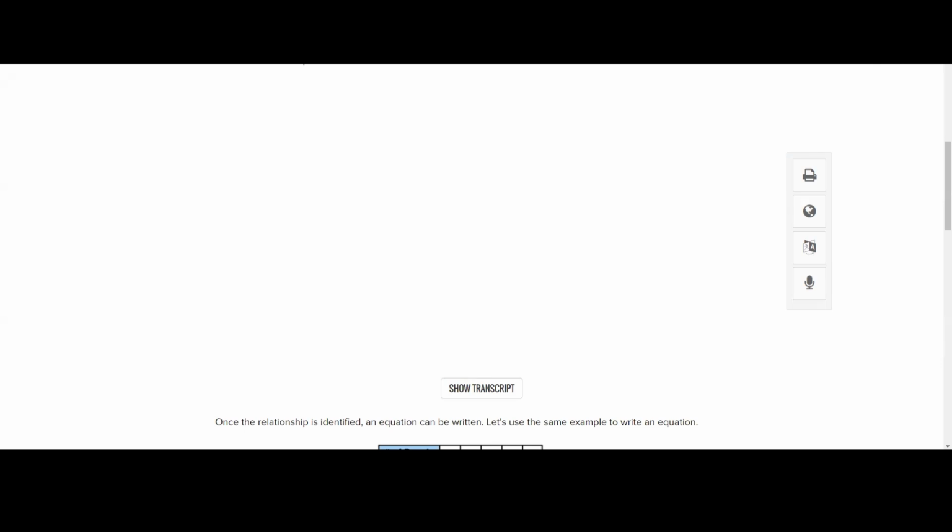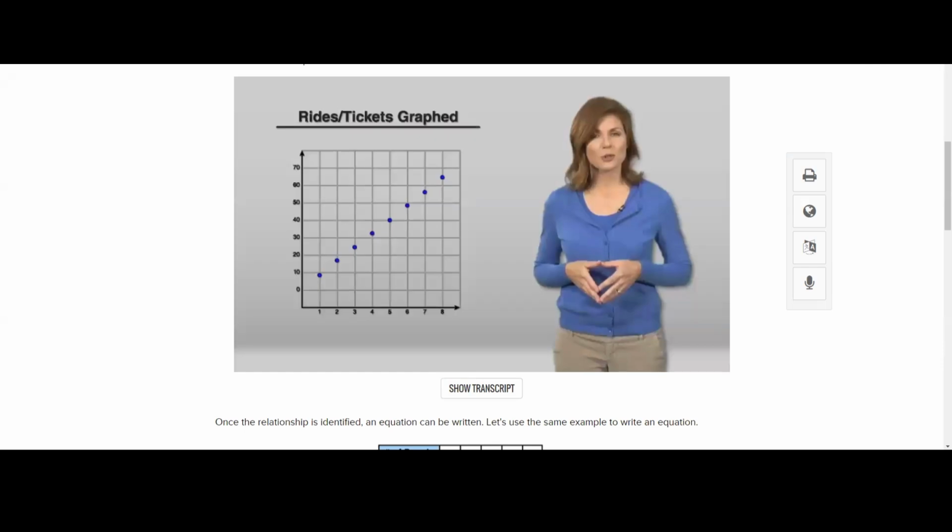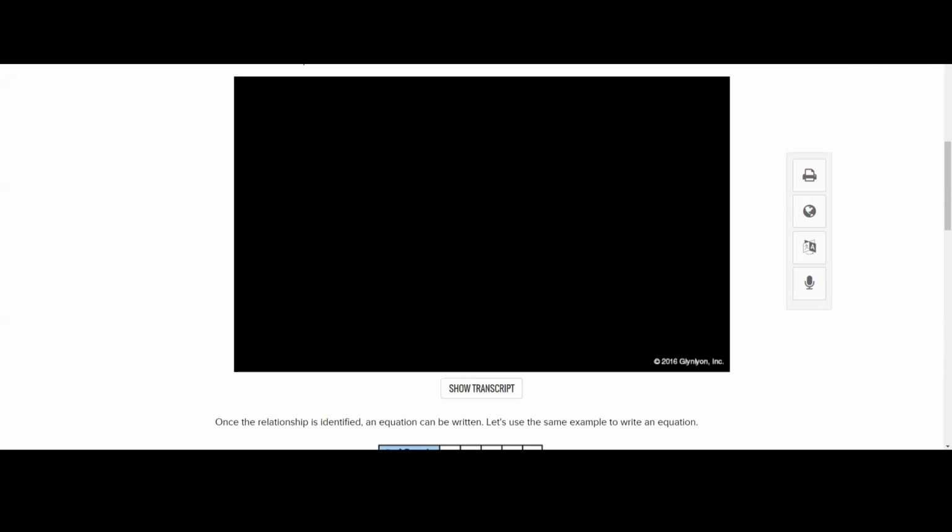It will cost $64 for 8 people. Is that clear? If you were to graph these points on a coordinate plane, you will see that the points make a straight line. Is that clear now? Okay, good.